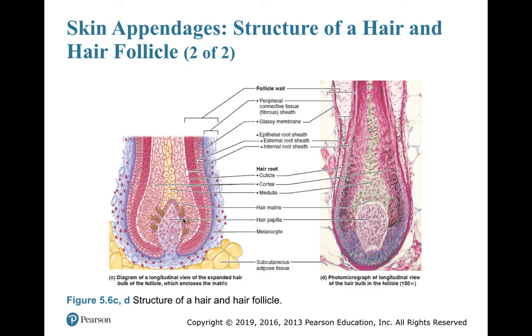We have melanocytes spread out, other cells growing, and as these cells divide, they push their way upwards. And this gives us the medulla, cortex, remember this is three-dimensional, and cuticle on the edge.